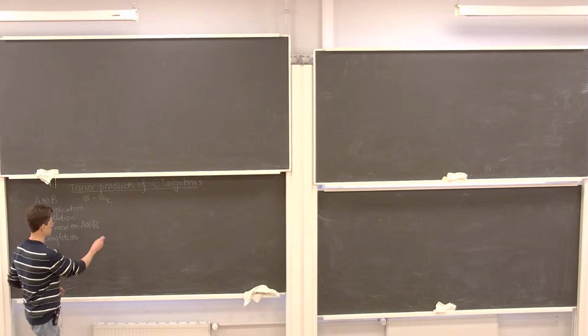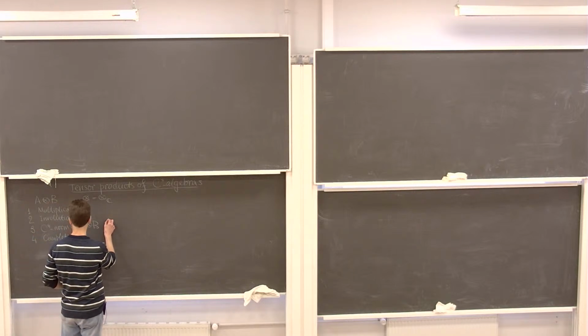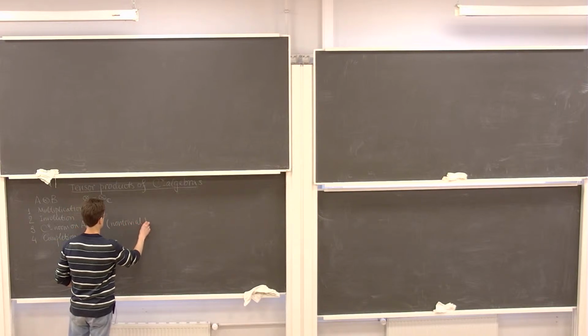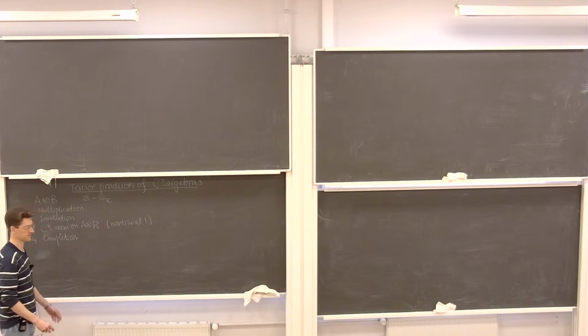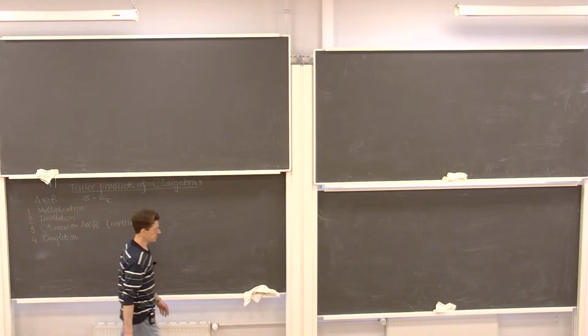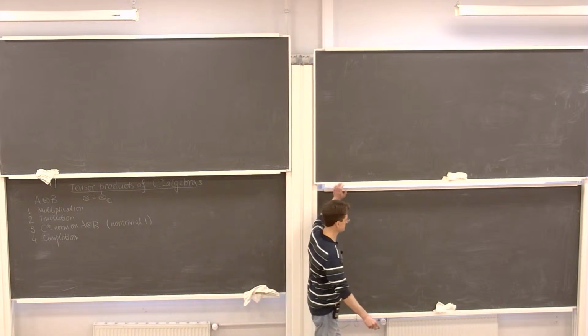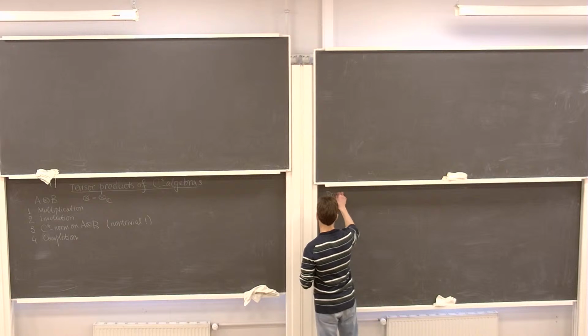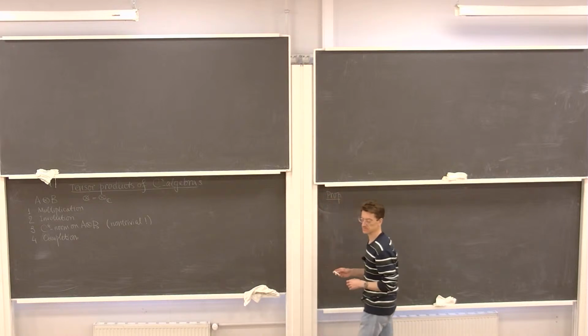Once again, I'd like to stress that the only non-trivial part is here. The non-trivial part is to construct a C-star norm on the tensor product. So let's start with the easy part of this program. So we have the following proposition.